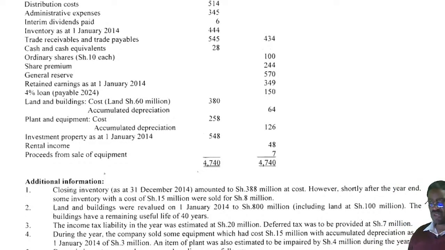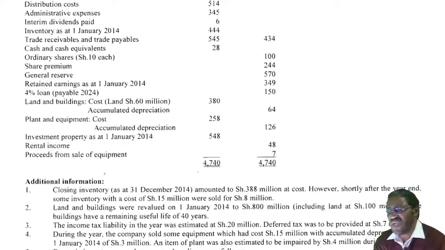We were told land and buildings cost 380 in bracket. Then in the bracket, land on its own was valued at 60 in the trial balance. Land and buildings, the column shows 380, but the value of the land alone was 60.